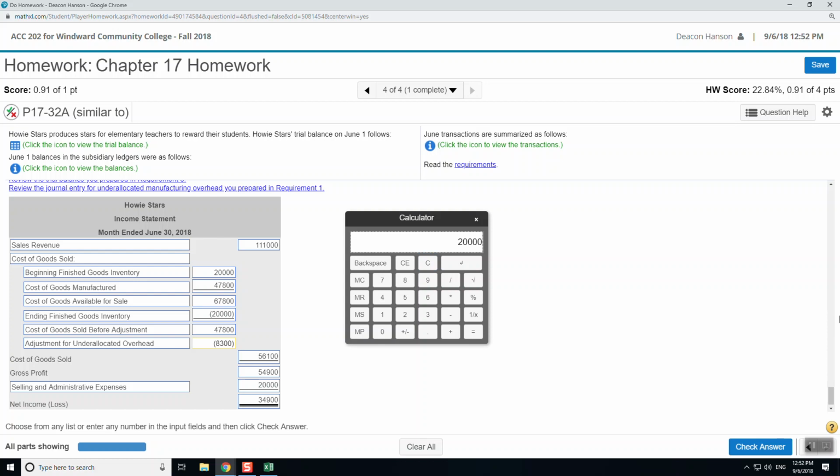Beginning plus cost of goods manufactured equals cost of goods available for sale, right? Minus ending finished goods equals cost of goods sold before the adjustment, minus, no, add the adjustment, right? Yeah. That's what we did, okay.